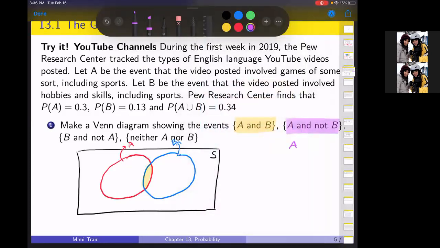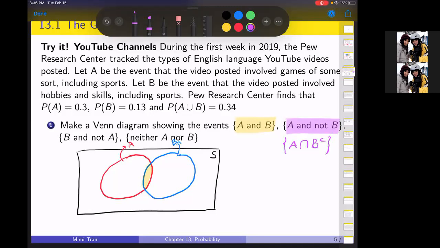By the way, A and not B, I can write it like this. The cap, remember the upside down U, means and. What's not B in notation? Last time we learned, not B is B complement, or B bar. So I can write A intersection B complement, and you understand it is A and not B. It means A, but I don't want B. So the A part is here, but because it includes B, I don't want that.